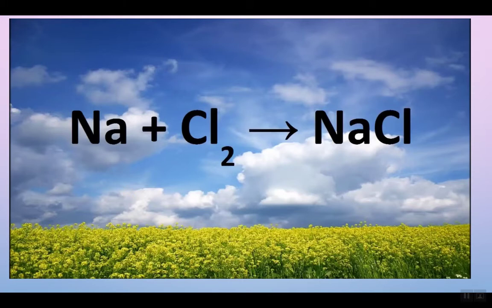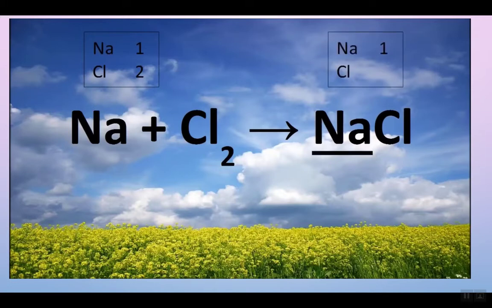Another example, Na plus Cl2 react to form NaCl, or sodium chloride. Now, there's equality in the sodiums, 1 Na on the left and 1 Na on the right. However, there are 2 Cl's on the left and only 1 Cl on the right.